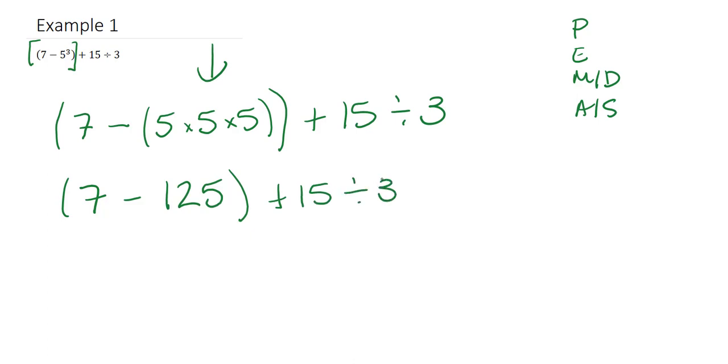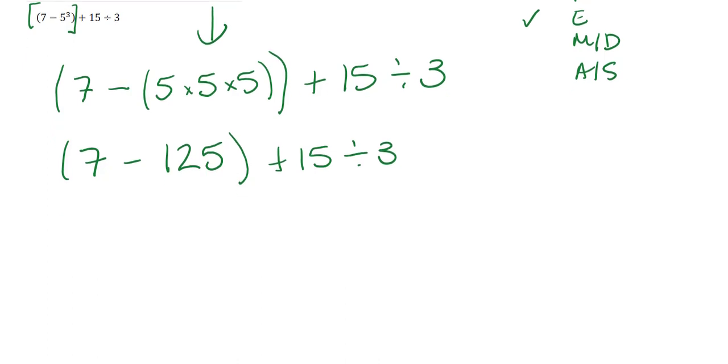So we've dealt with the exponents. There's no multiplication or division, so we'll just go ahead and subtract. So 7 minus 125, or we can think of this as 125 minus 7, but we'll keep the negative sign, is negative 118.